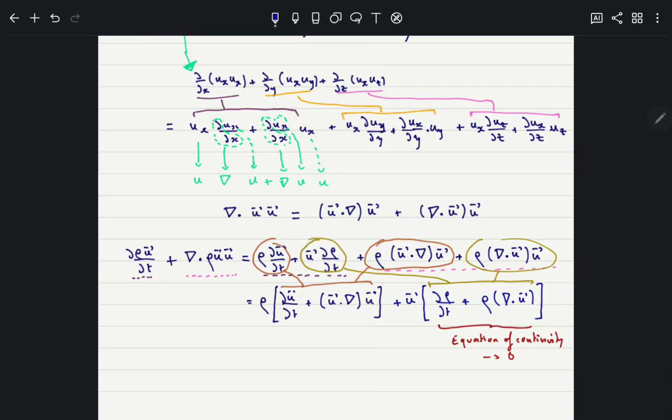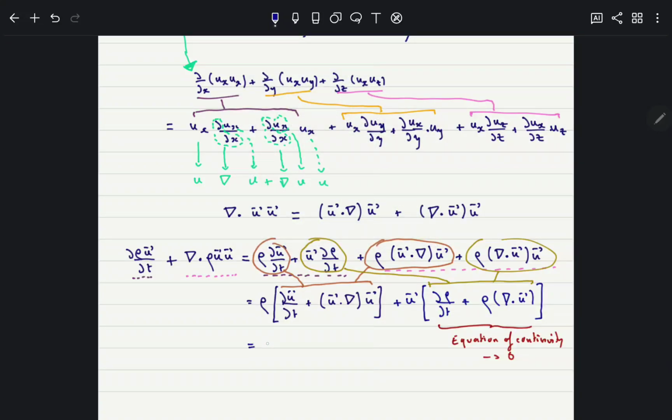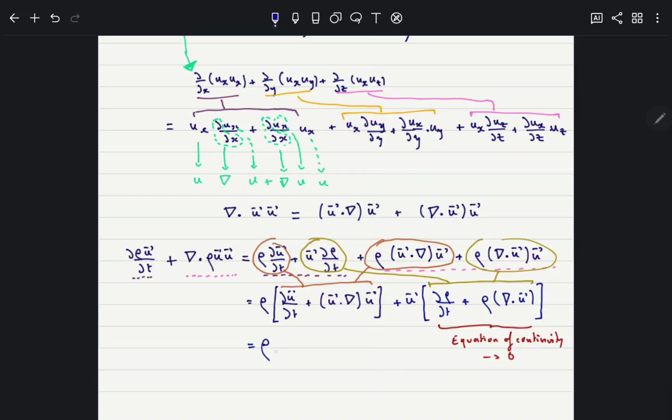In other words, the only surviving term is, in a different color now, du over dt plus u dot nabla u, and that's what we call the substantial derivative of the velocity.